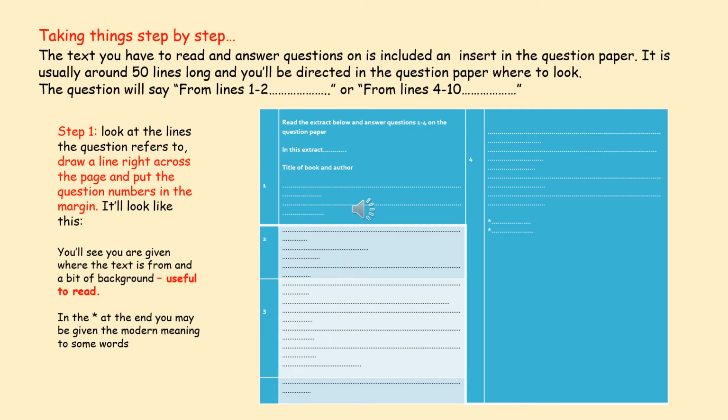If there are very old-fashioned words or words that the exam board think you may not understand, then they often put it with an asterisk at the very end of the text to define the word and help you there. At the top of the paper you'll see a little bit of background about the extract. That's worth reading because it gives you a little bit of context about what's going on and so on.